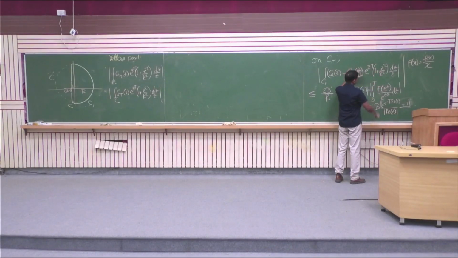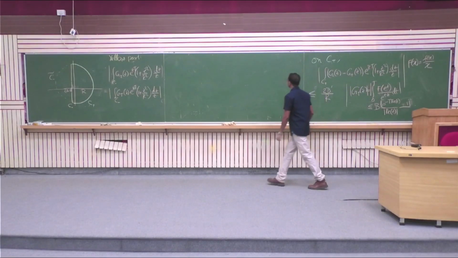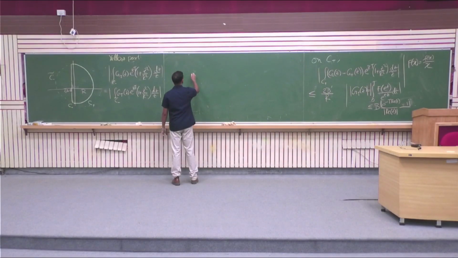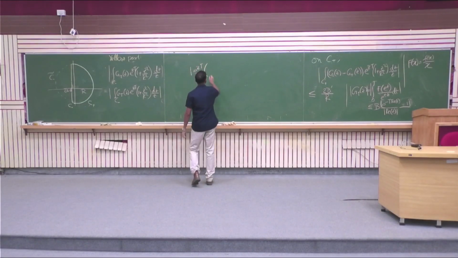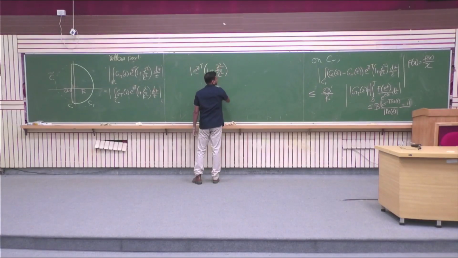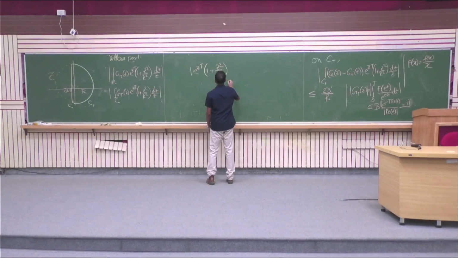And the contribution from this part was e power t times real part of z, which cancels this out, and then e power zt times 1 plus z squared by r squared times 1 by z.